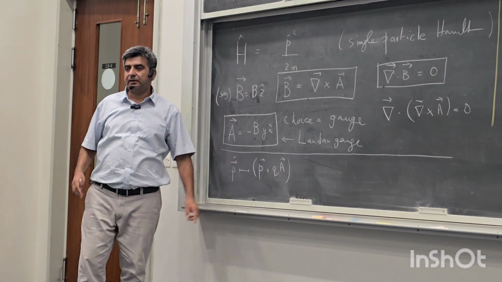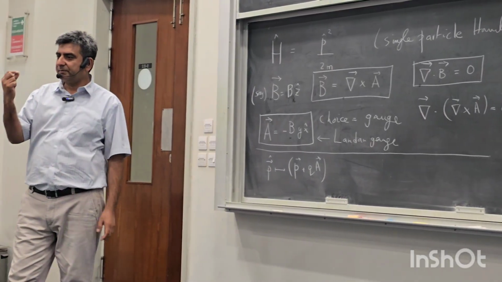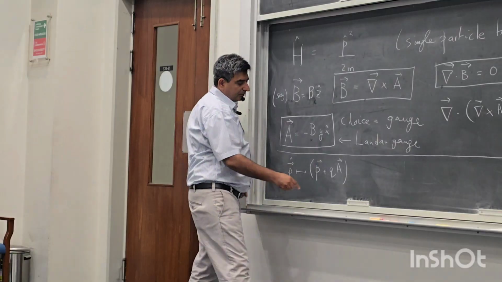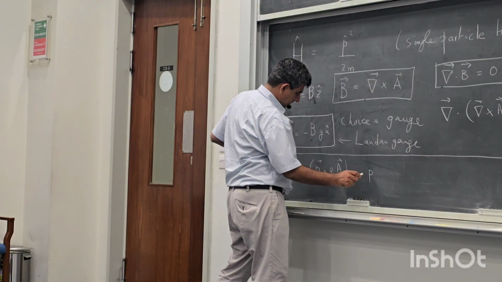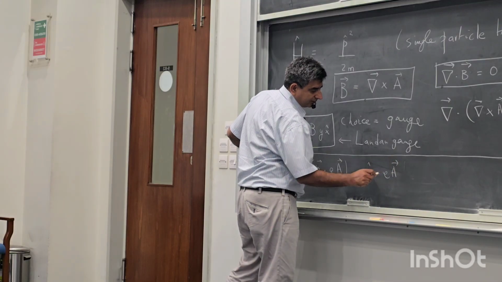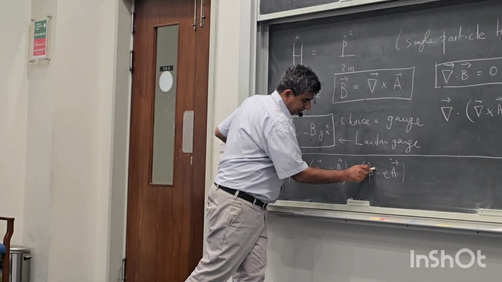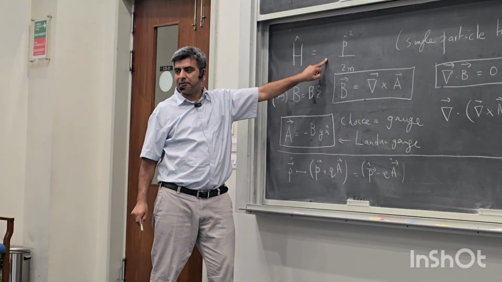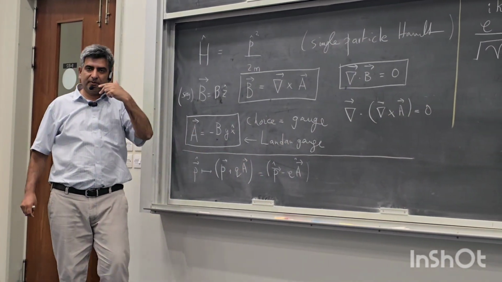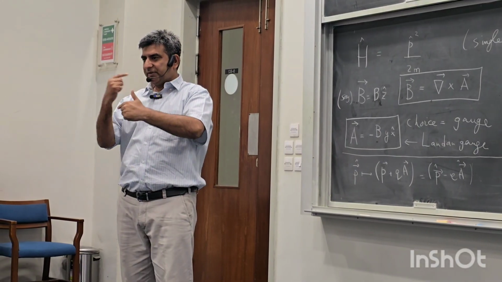In our case, it's a negatively charged particle, the electron has charge minus e. So we have to replace P by P minus eA. What this term is going to do, the magnetic vector potential is going to give orbital motion to the electron, as we will see in a minute.